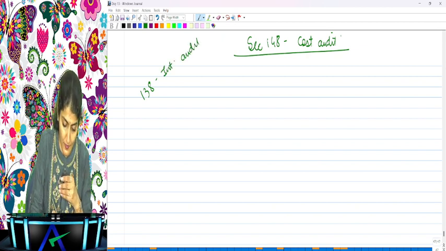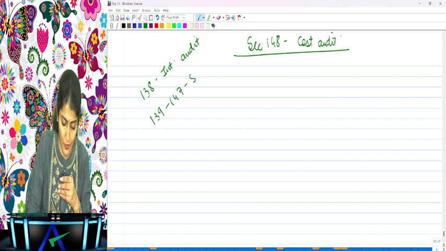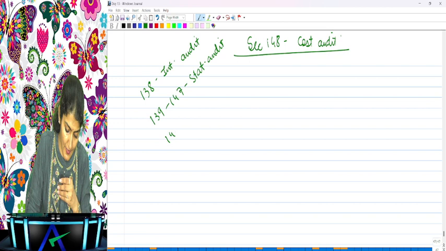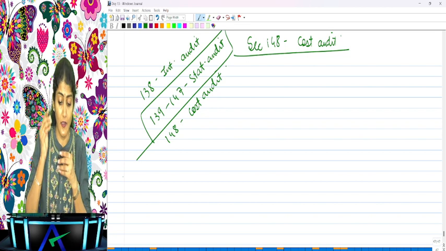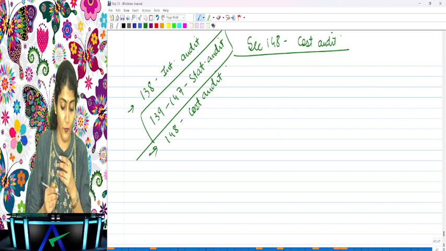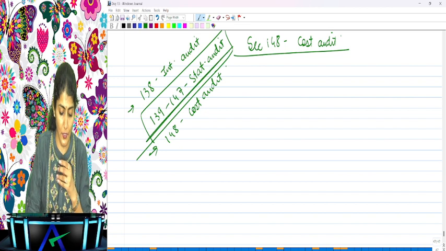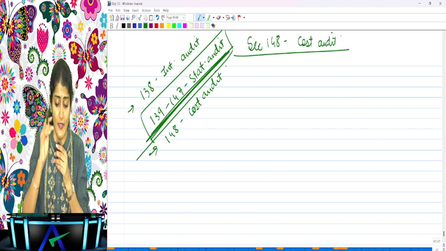Then after 138, 139 to 147 is the full collection of the stat audit, and then 148 is regarding the cost audit. So in the beginning and end there are different audits, and in between it is the entire stat audit, right? So 138 internal audit, 148 cost audit, and in between you have 139 to 147, which is regarding the stat audit, right?